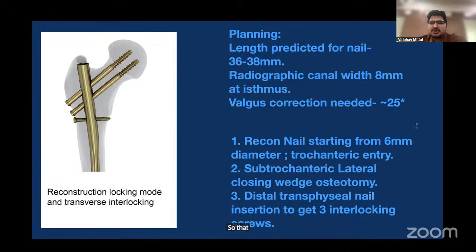That was about 25 degrees of correction. We thought of this adolescent recon nail, which starts from a diameter of 6 mm, trochanteric entry, and we chose a subtrochanteric lateral wedge closing osteotomy and thought of going transphyseal when passing the nail to get 3 interlocking screws distally.